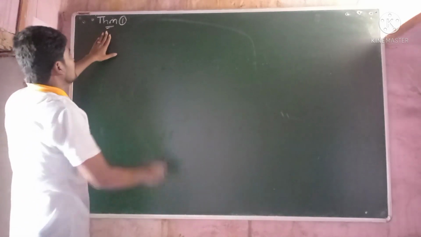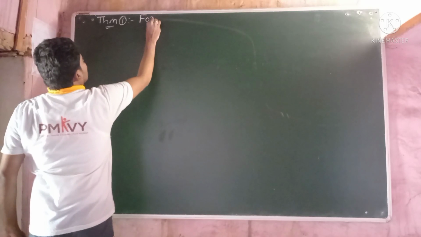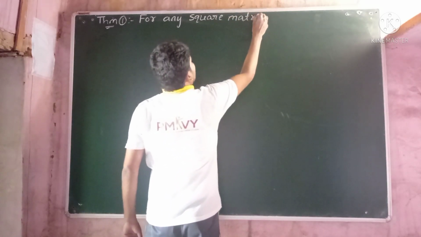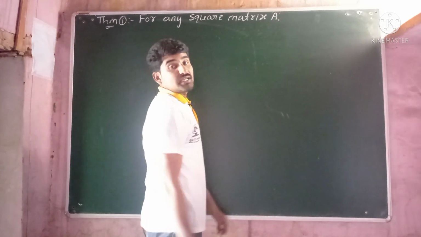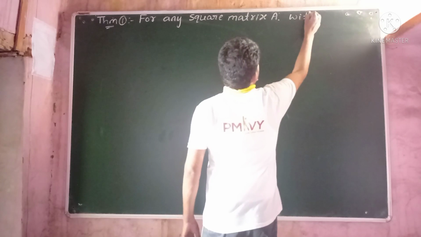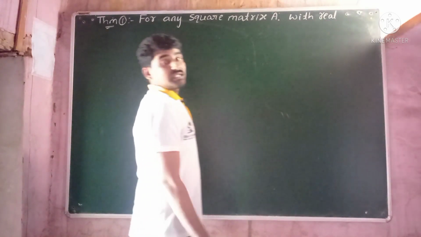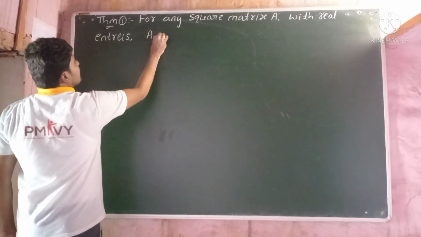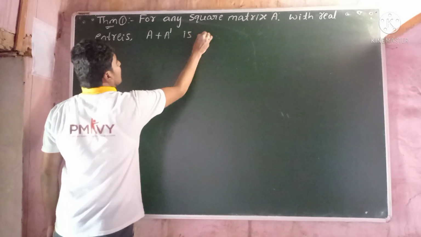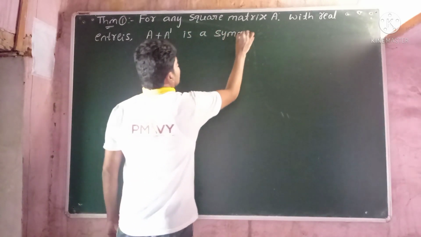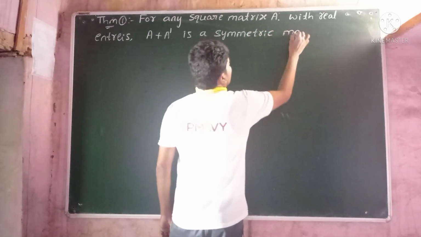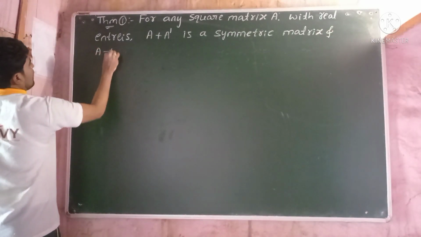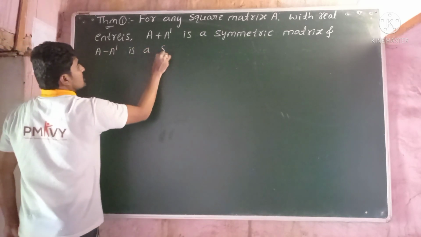The statement of this first theorem is, for any square matrix A with real entries, meaning real numbers, A plus A dash is a symmetric matrix and A minus A dash is a skew symmetric matrix.